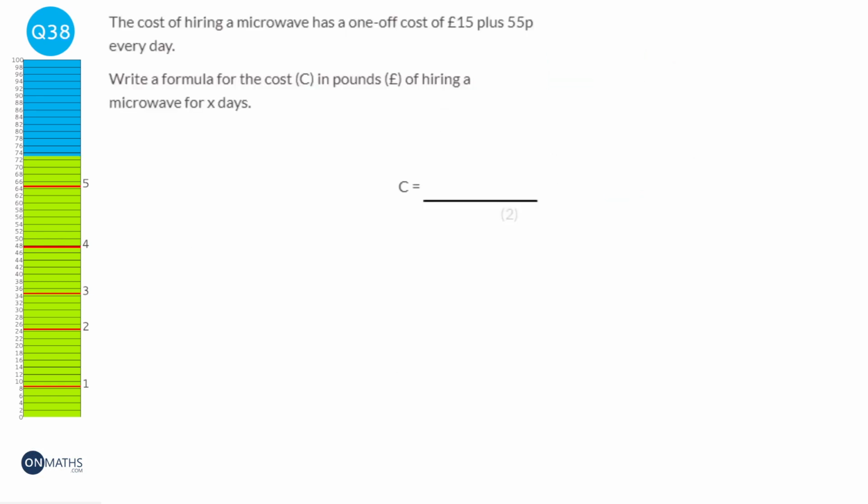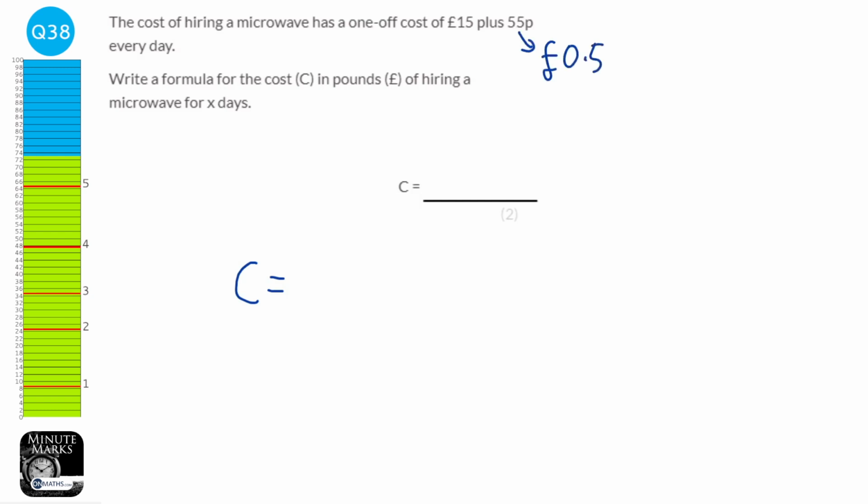So we're looking to write a formula for the cost in pounds of hiring a microwave for X amount of days. So the cost is C, so it's going to be C equals, and it says it's going to be 55 pence a day. Now it wants the answer in pounds, so we need to convert this 55 pence into pounds.